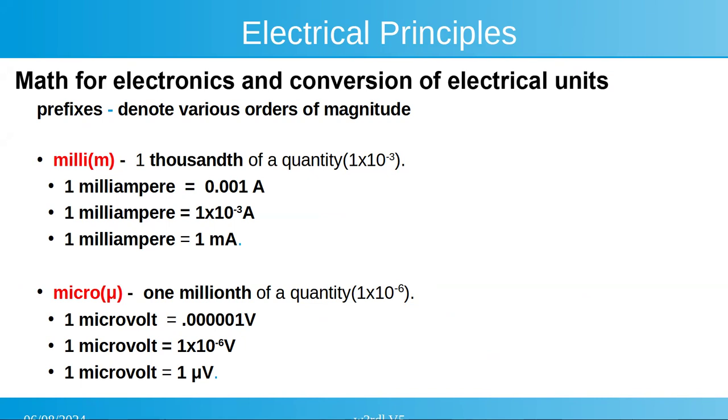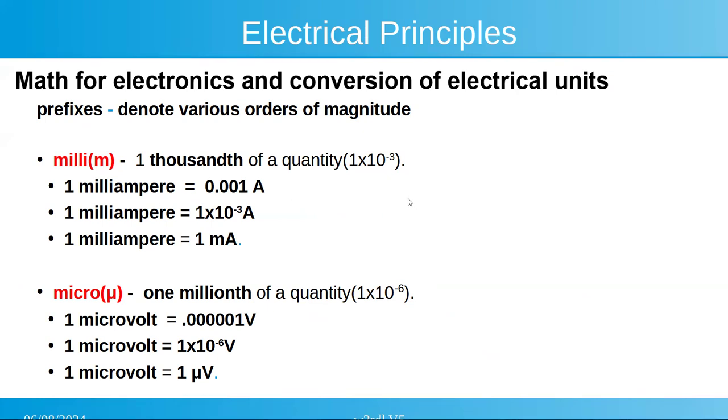Represented as 1 times 10 to the minus 3 in scientific notation. Or write it out as 1 little m A. That's how you normally see it written, as a milliamp, or some number of milliamps.